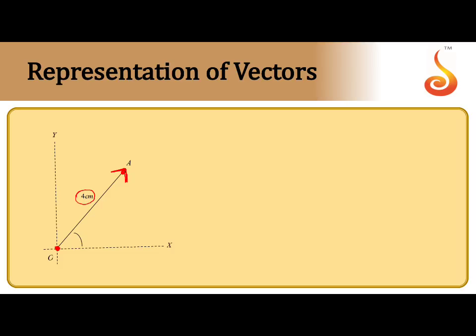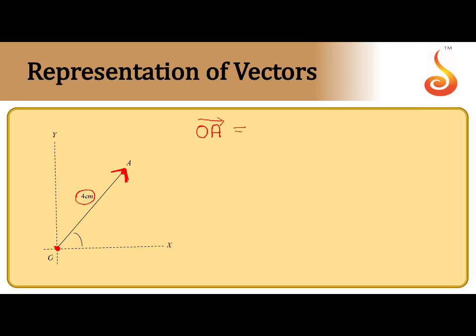In my case, the vector is starting at O, ending at A. It is directed along OA. To write it in the vector form, I write OA. O represents the initial or the starting point. A represents the ending or the terminal point. To show it is a vector, I put an arrow mark on top of it.